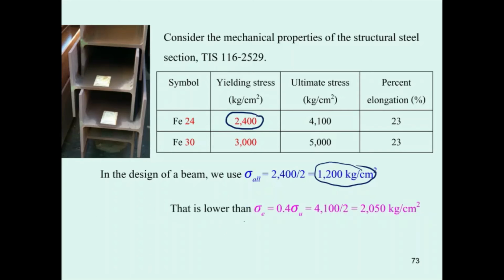And if we consider the endurance limit to be like 50% or 0.5 of sigma sub u, the endurance limit of the steel can be 2000 kc. So our sigma allowable is a lot lower than the endurance limit. So most civil engineering structures won't fail by the endurance limit due to the coding specification that I just mentioned before.